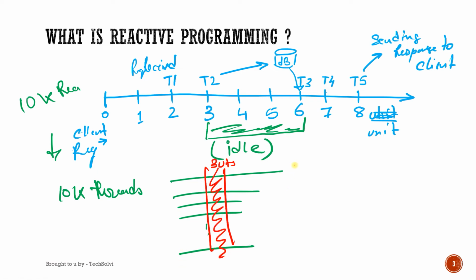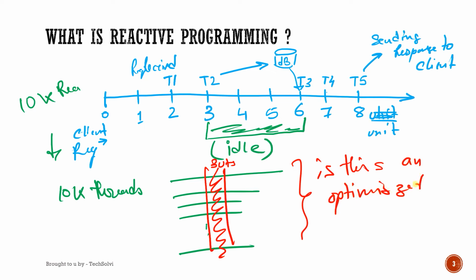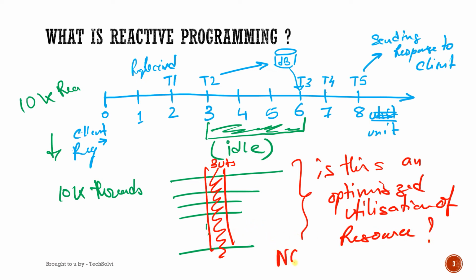So is this an optimized utilization of resources? Obviously the answer is no, because our threads are waiting for something they have nothing to do with. Until we get the response from the DB, our thread can't proceed with the other tasks. So here we are stuck.